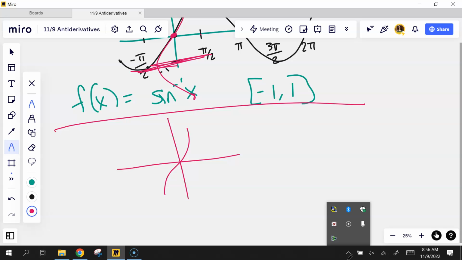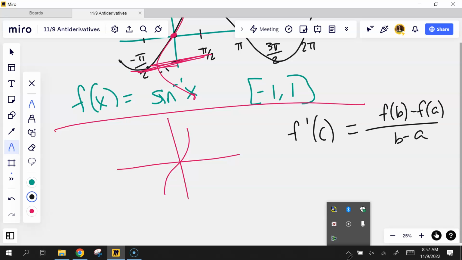If it does, find each value c in the interval that satisfies. So what do I have to do? I have to show that the derivative equals AROC, or I have to find where it does.